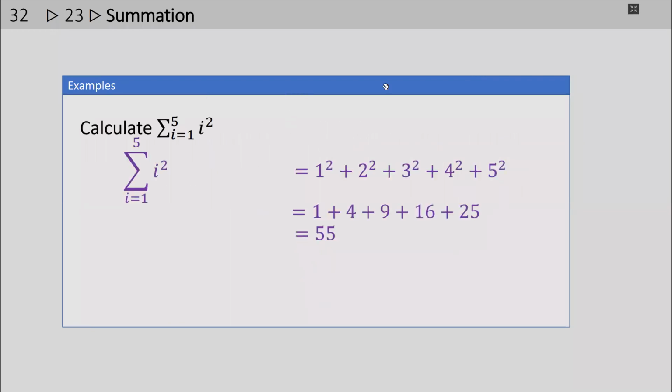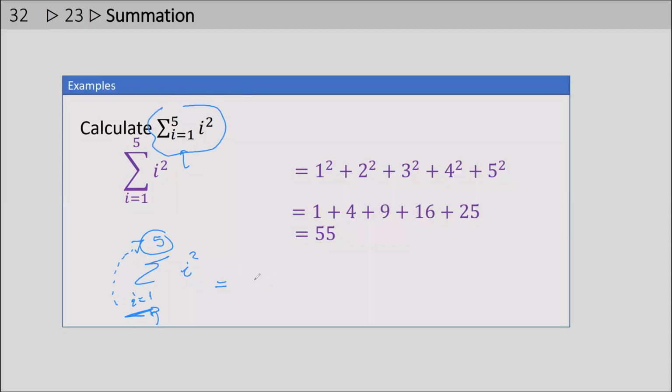So now we have this form. How can we calculate it? It's very easy by substituting all the values. Here is the summation of I square, starting with I is 1 until it reaches 5. Just substitute from the boundary and increase it until it reaches the maximum value. The lower bound is I is 1, the higher bound is I is 5.